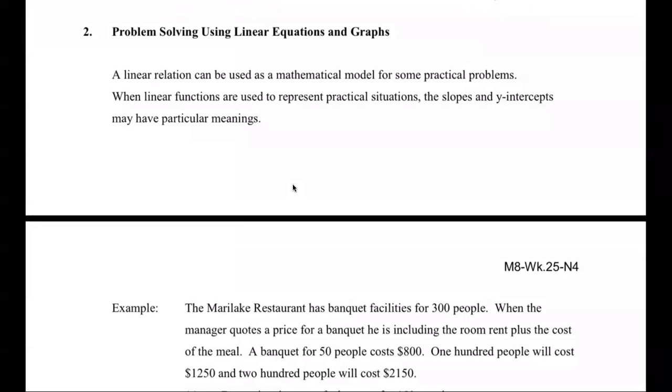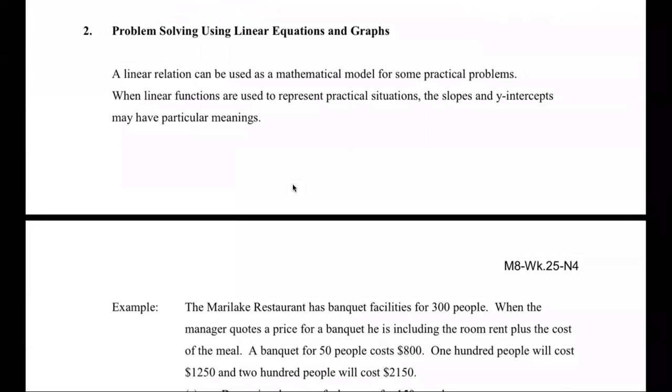So linear relation can be used as a mathematical model for some practical problems. When linear functions are used to represent practical situations, the slopes and y-intercepts may have particular meanings. So let me highlight this part for you. What does this mean?